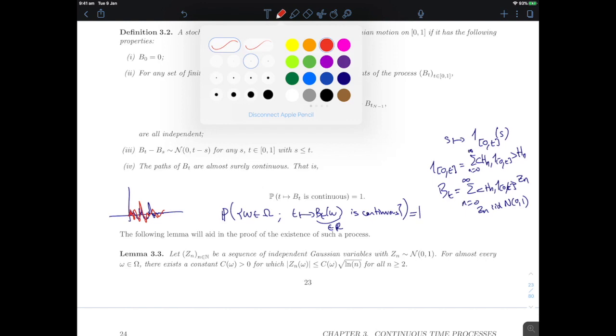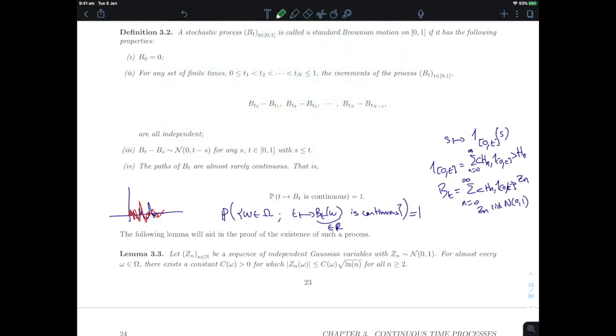And it may be that for some omega, you get something weird with some jump. That would be a discontinuous trajectory. This can only happen with probability 0. Of course I can draw one. In fact, I could draw countably many, if my set omega is uncountable, but only on a set of probability 0.